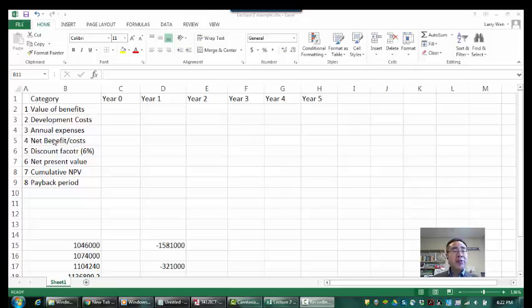Look at the categories. The first one is the value of the benefit. That means once your system has been fully developed and deployed, how much money the company is expected to receive from the marketing each year. This number you usually need to calculate before you create this table.